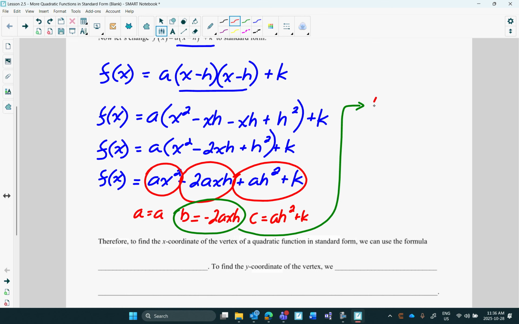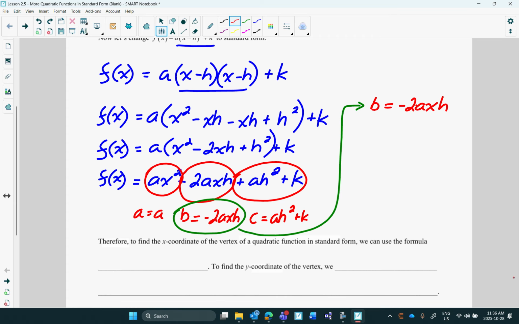So B is equal to negative 2AHX. Or sorry, do I have that there? Oh yeah, no, sorry.